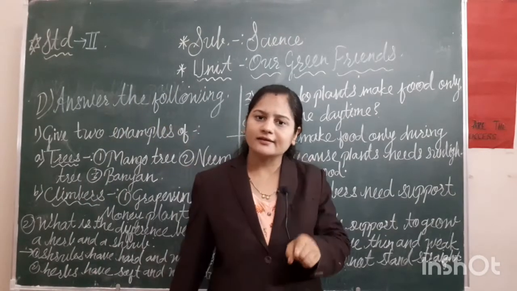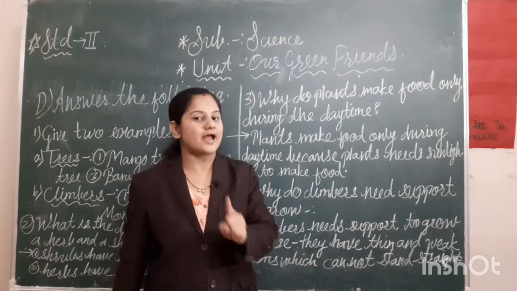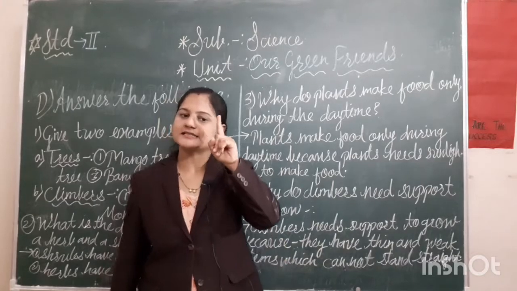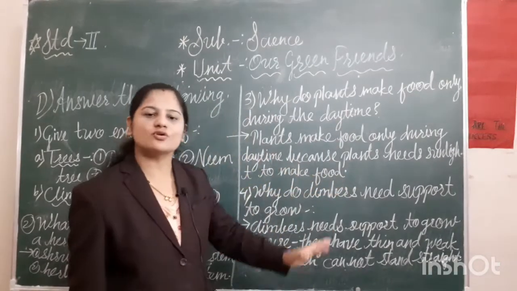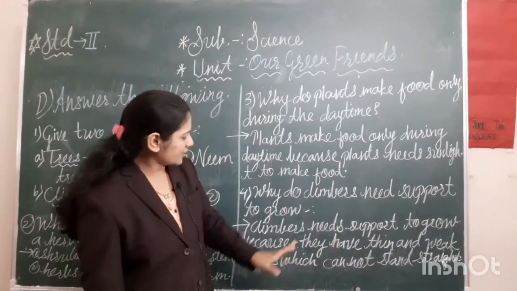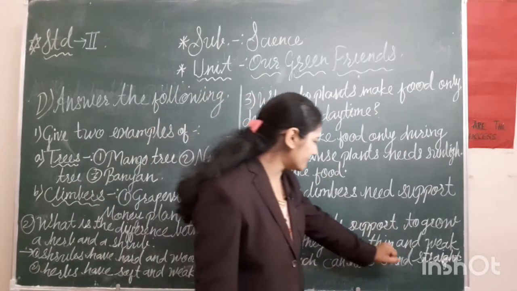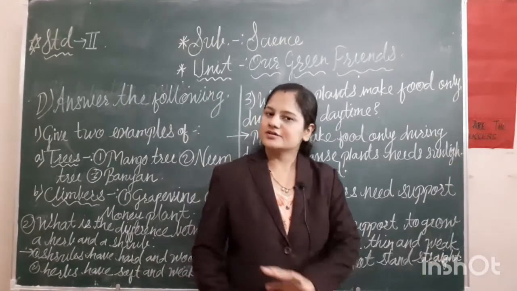Due to that thin and weak stem, they are not able to stand straight. That's why they need the support of another plant, a wall or a stick. So, climbers need support to grow because they have thin and weak stems which cannot stand straight.